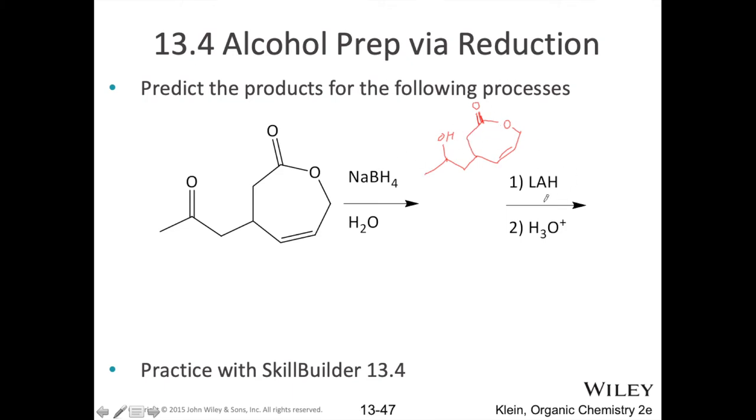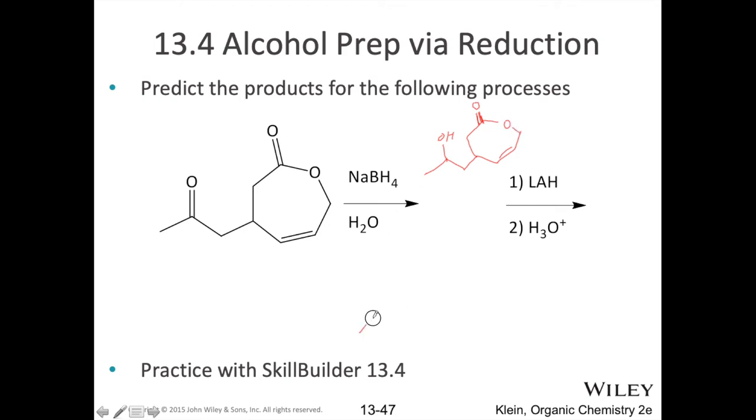Now with lithium aluminum hydride, of course that will reduce this ester, and you'll break this bond over here, and this will break off and convert into its own alcohol group, and you'll turn this carbonyl into an alcohol group as well. If you're having trouble seeing how this product will look, you could always number your carbons and plot that accordingly.